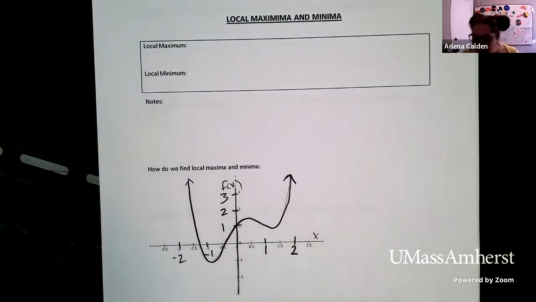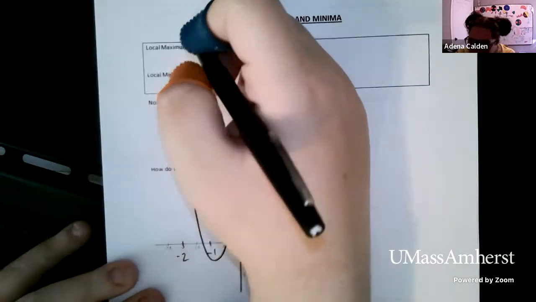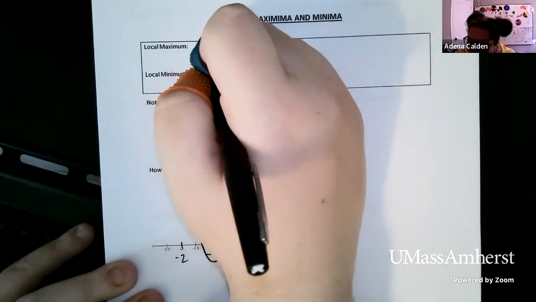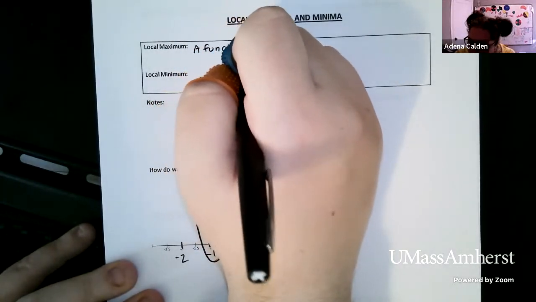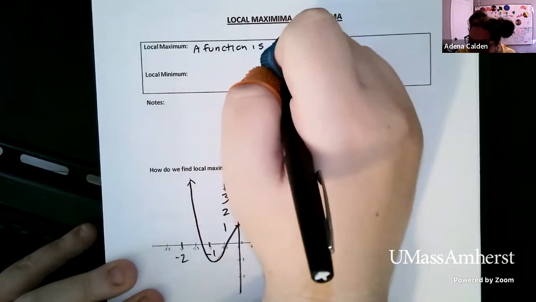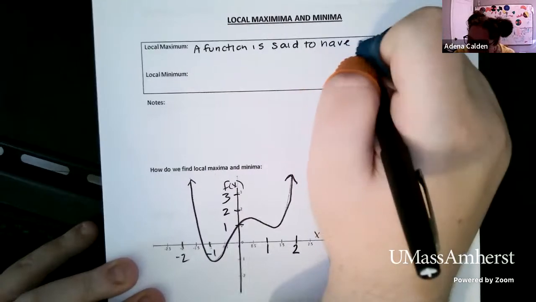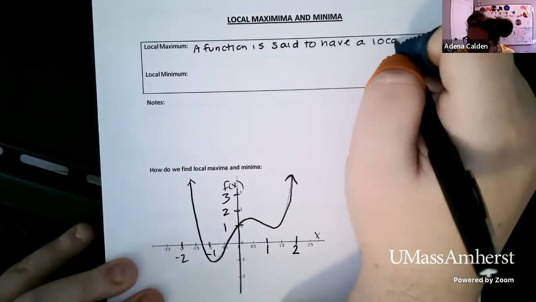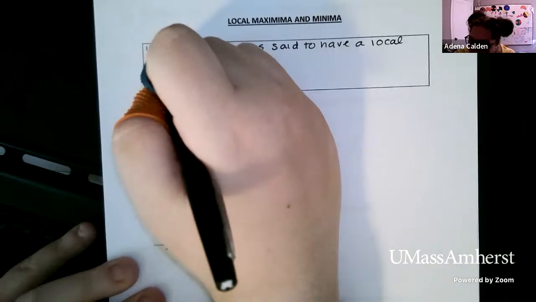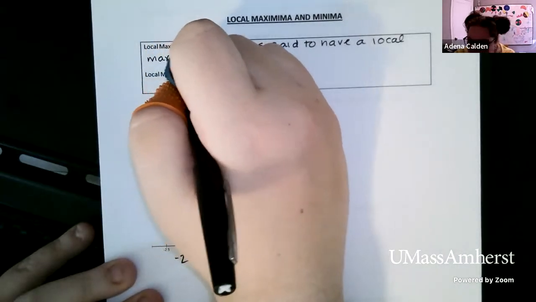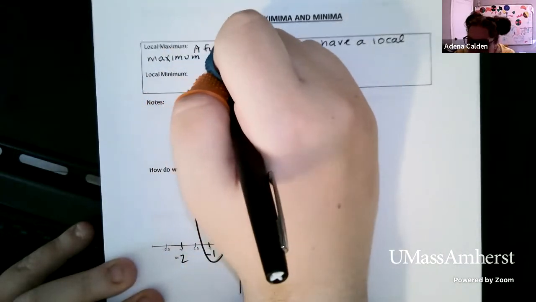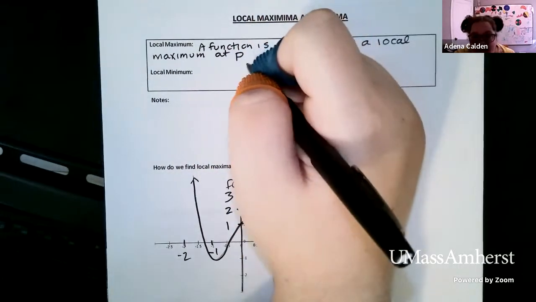So the definition of a local maximum: we say a function is said to have a local maximum, and we will often just say local max, at p. So this is an x value.